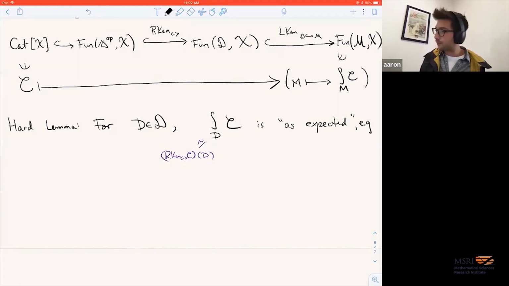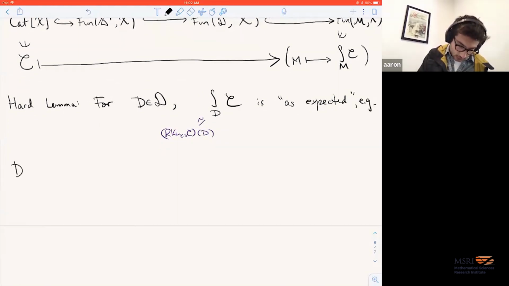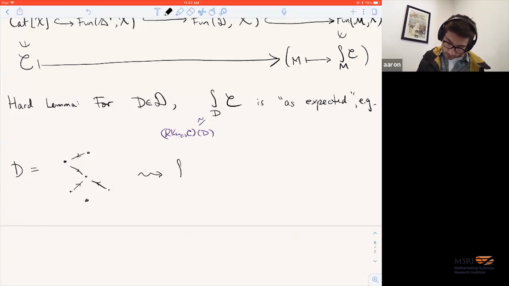For example, if D is the following disk stratified one-manifold, then the factorization homology over D of some category object C is just a limit over the ways of labeling the edges by morphisms and the vertices by objects.